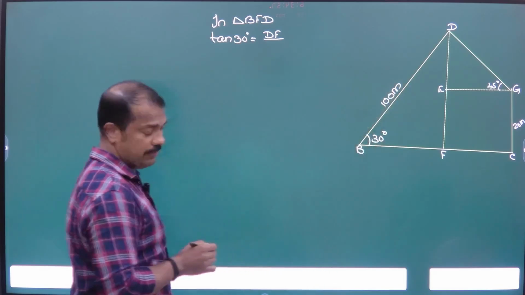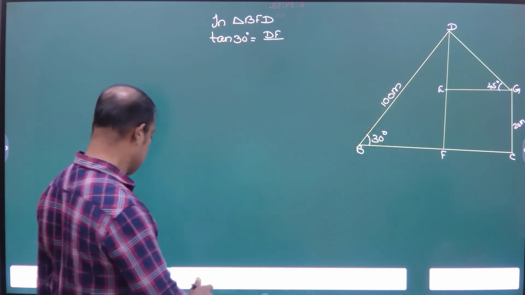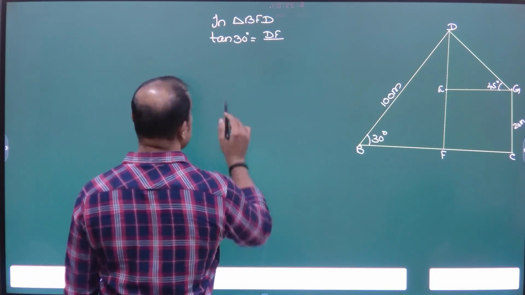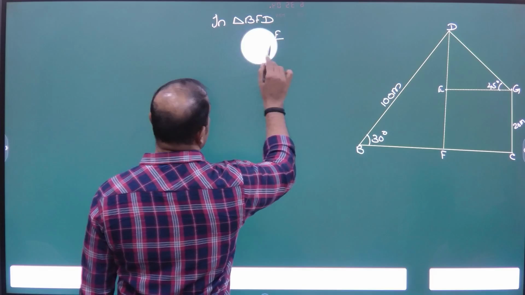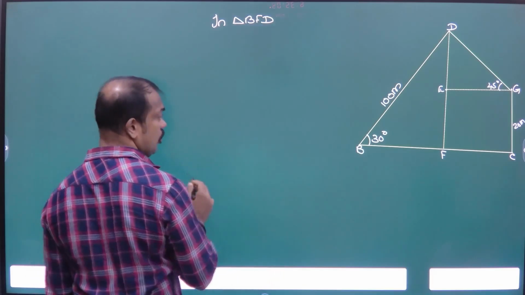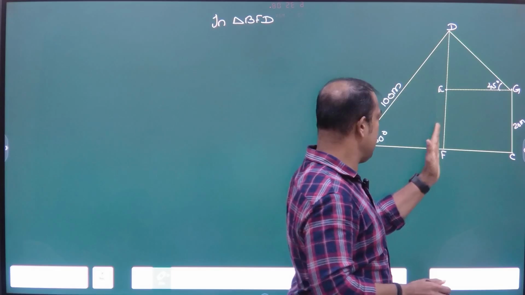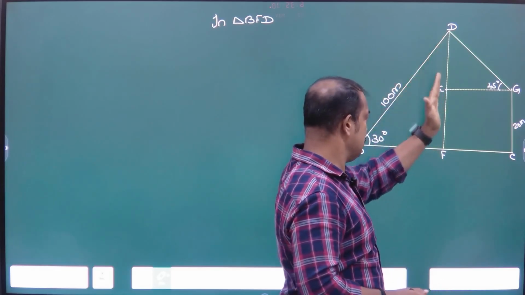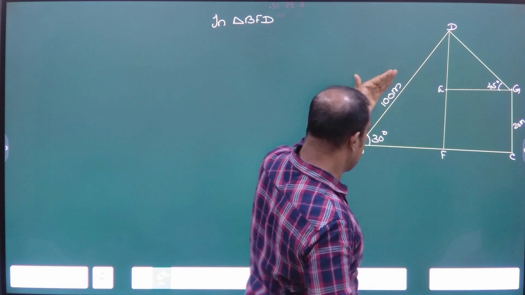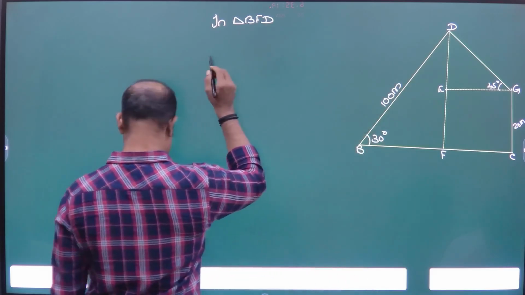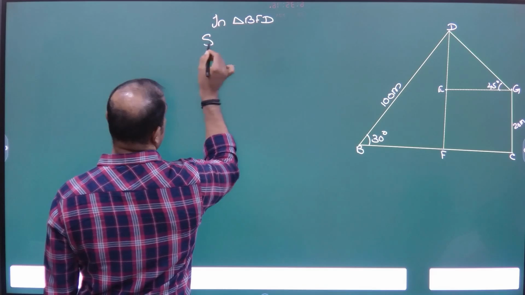But the hypotenuse is given, so find sin 30, not tan. If the hypotenuse is given, we apply sin or cos. We need this side, DF, which is the opposite side of 30, and the hypotenuse is given, so apply sin 30.